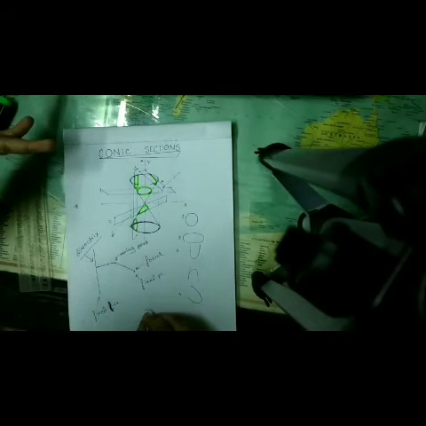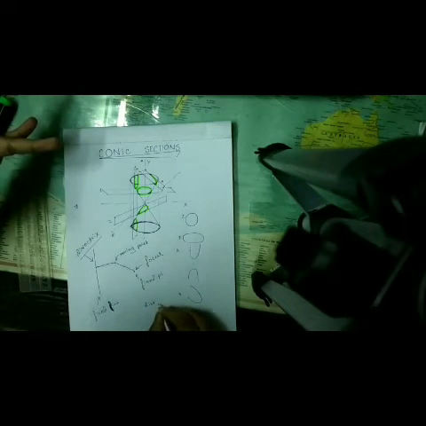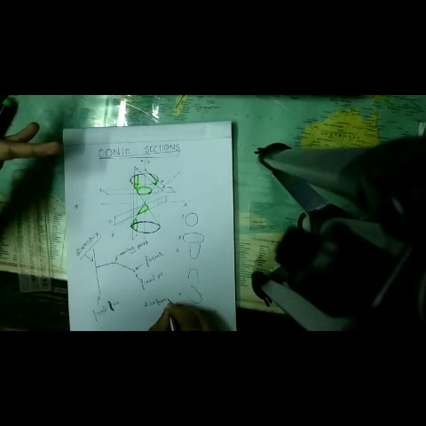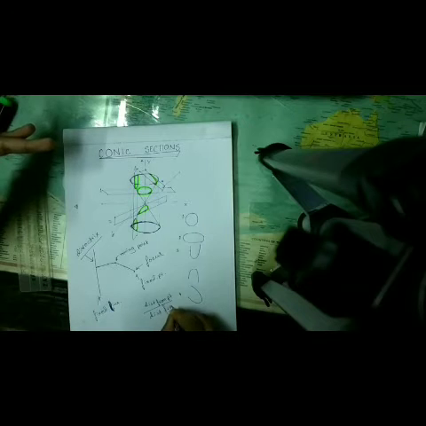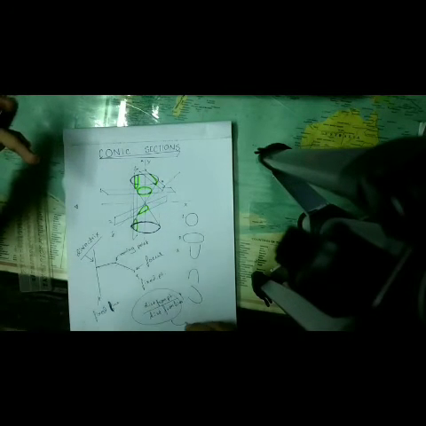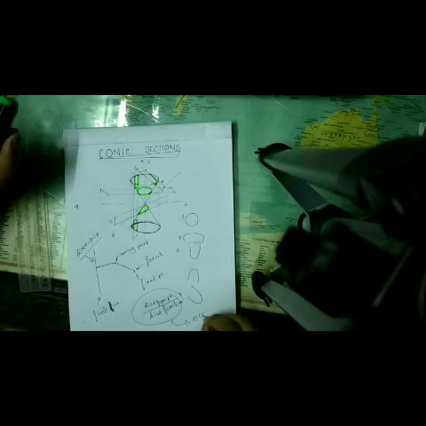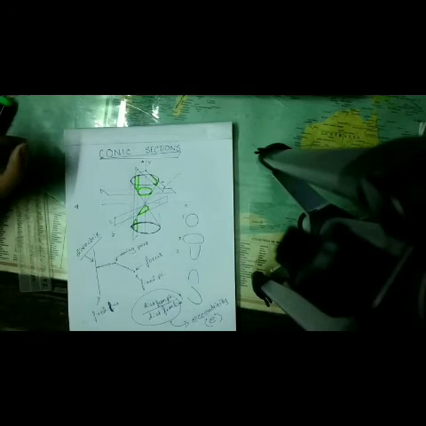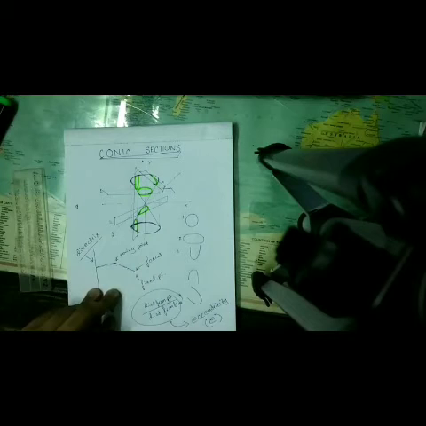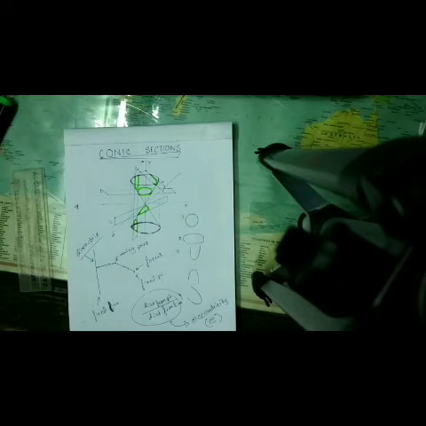This ratio, distance from point by distance from line, is known as eccentricity, denoted by E. This E is very important. So now I will discuss the importance of eccentricity.